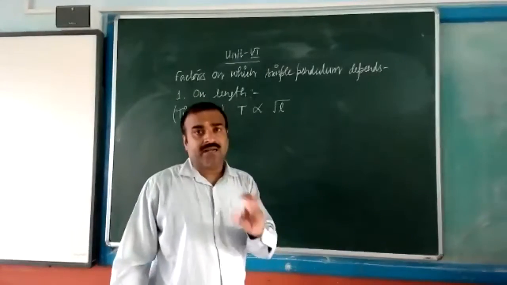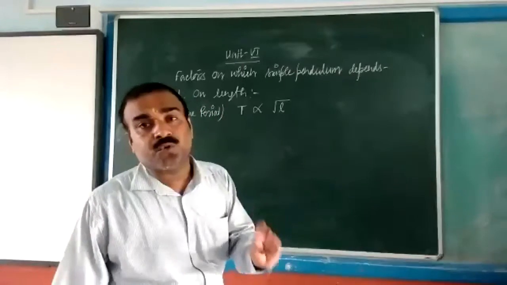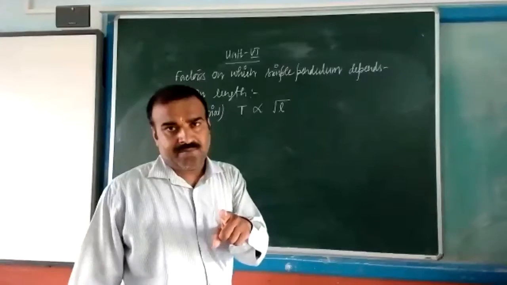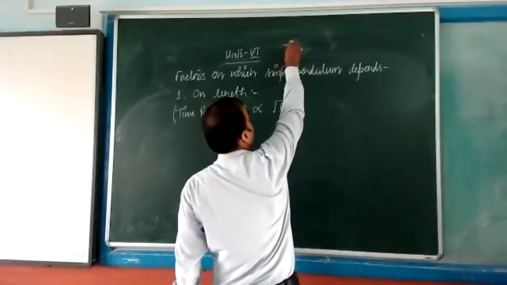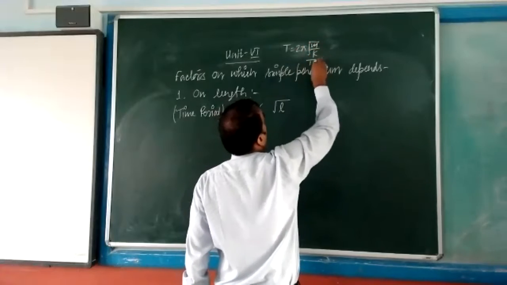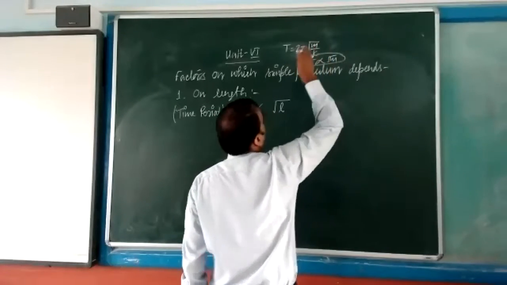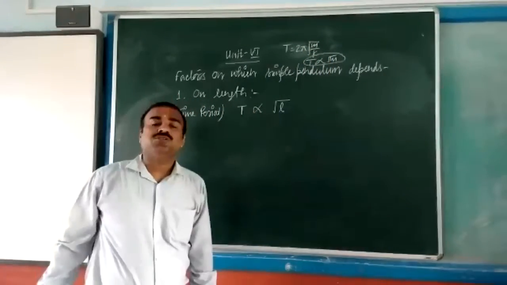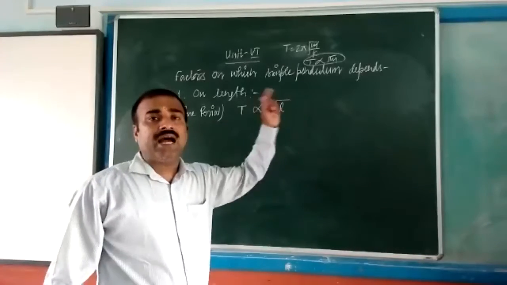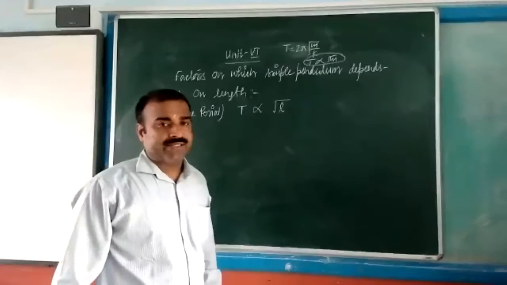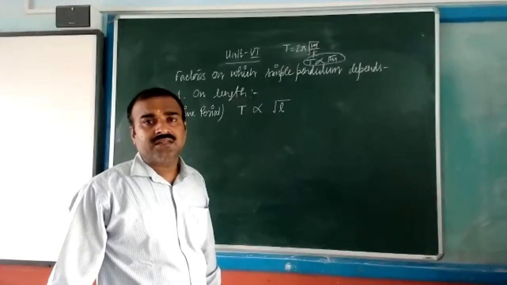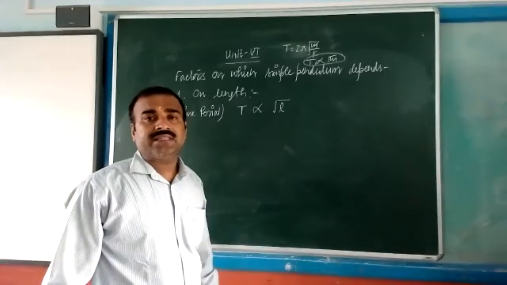Yes, 100%, because T equals 2 pi under root m by k. That means T is also directly proportional to the square root of mass, so the time period also depends upon the mass. Got it? Till here, is everything clear to everyone?